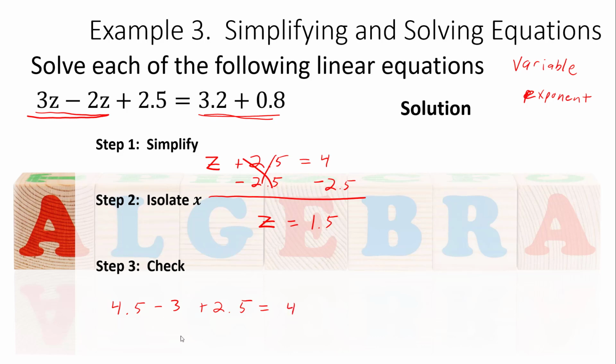Well, 4.5 minus 3 is 1.5, plus 2.5 is equal to 4, and yes, this combines to 4. We have 4 is equal to 4. That's a true statement. We are good to go.